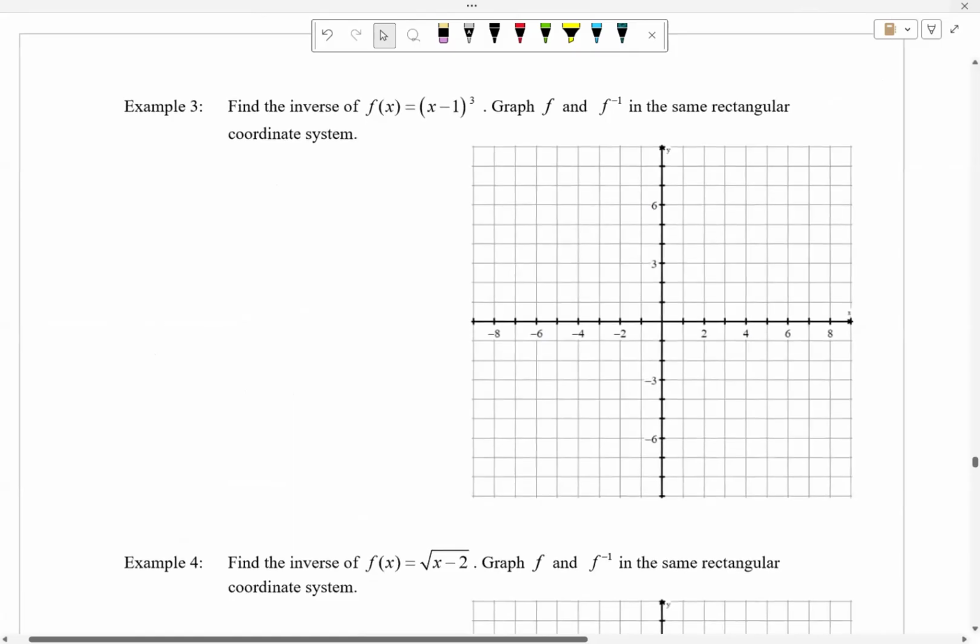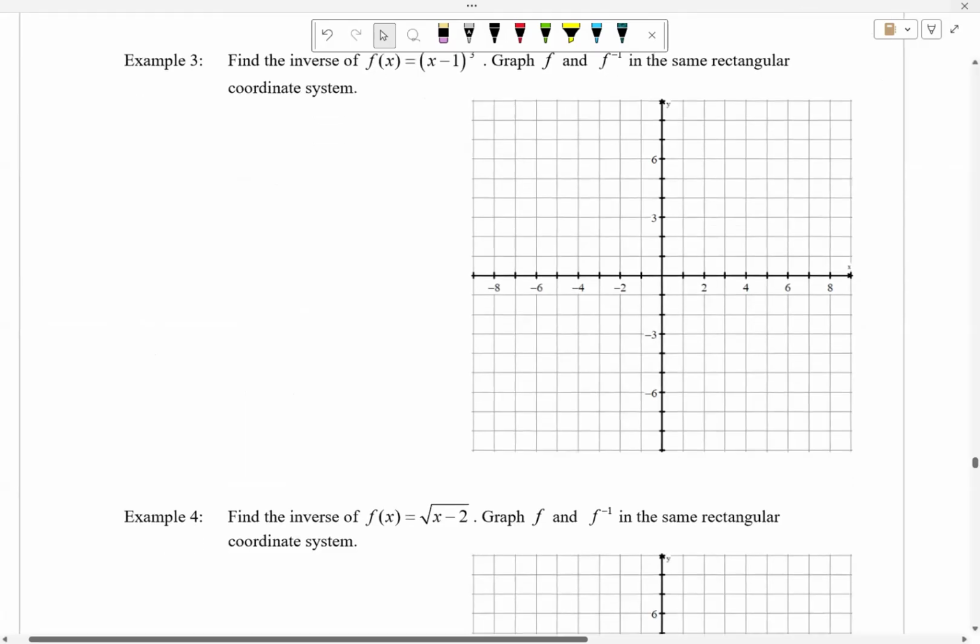Here we go. Example 3. I give you one to do.